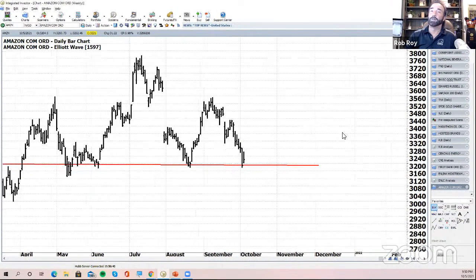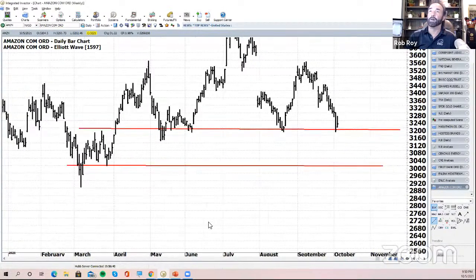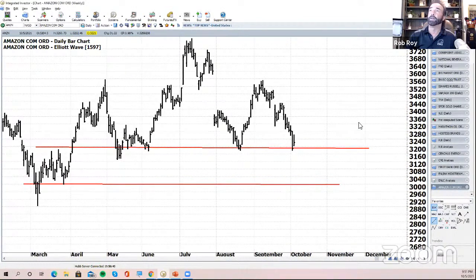But if it breaks 3,200, that changes everything because it goes down here in a heartbeat. So we'll be down 30, 40, so probably all the way down to 3,000 because we're going to come down and hit that round number. So if it can't hold 3,200, then it's going to go down to 3,000 in my opinion.